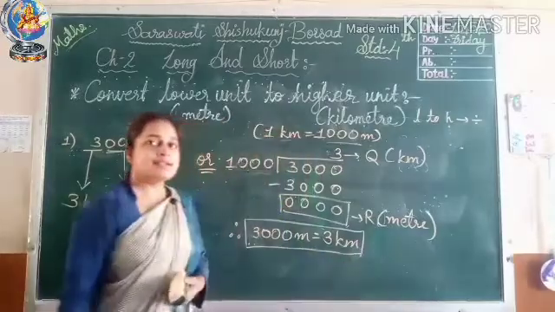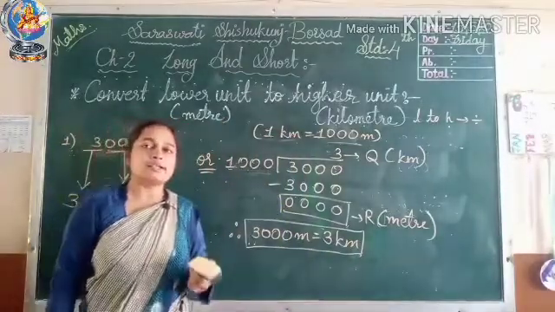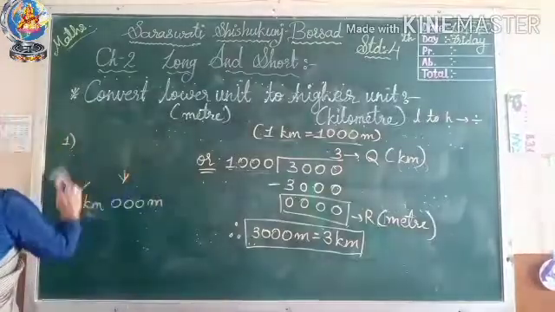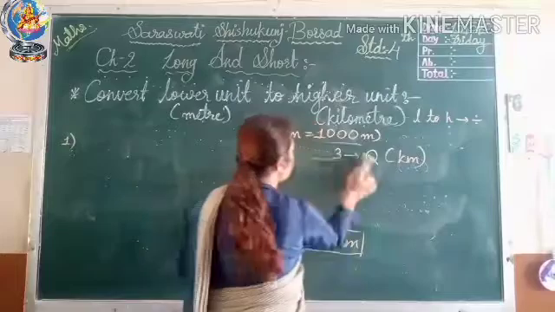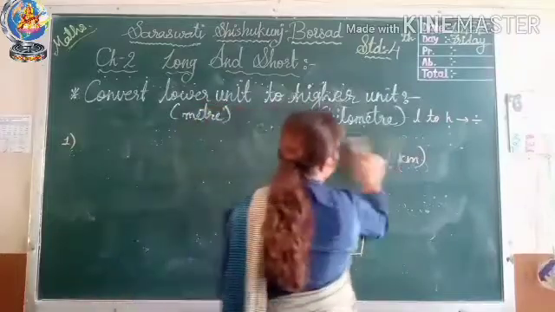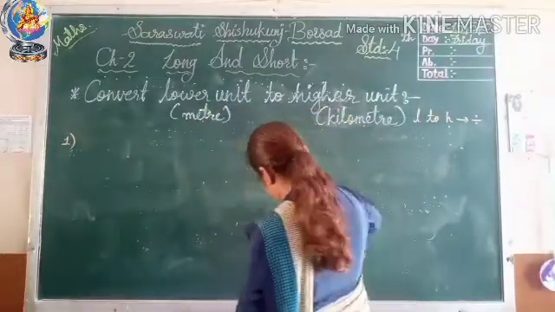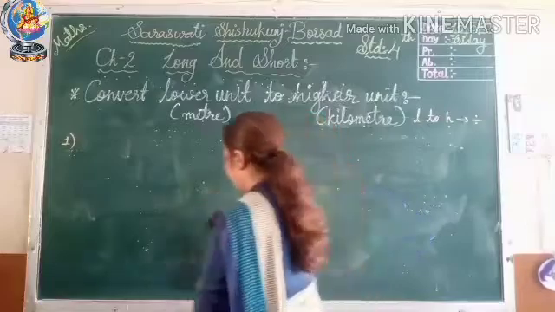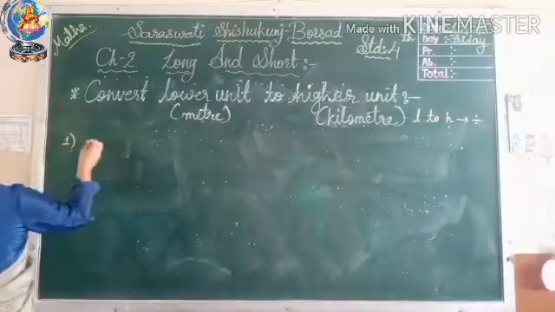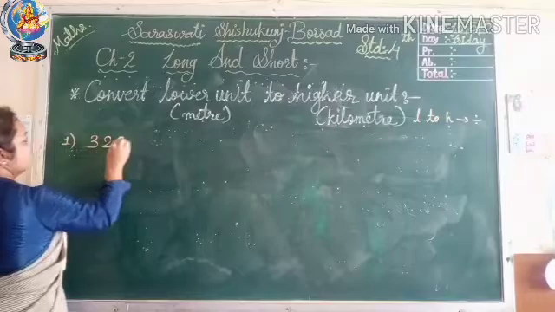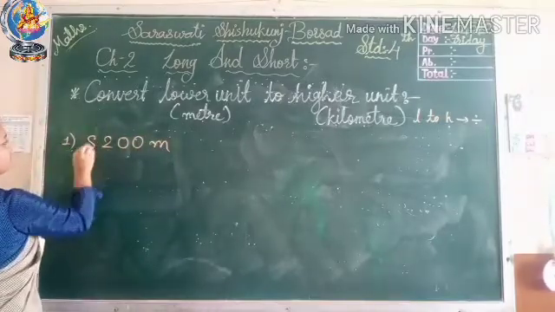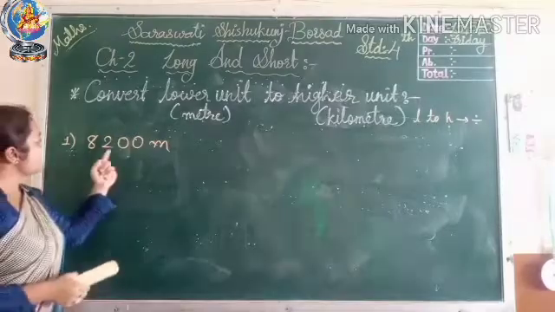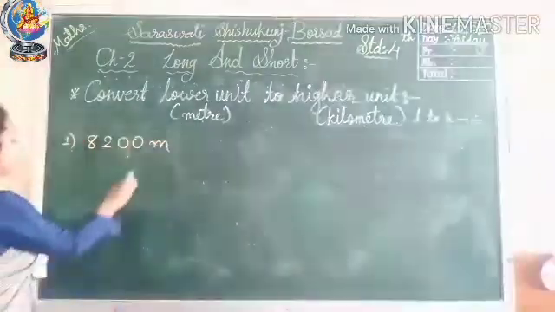This is your sum. Let's have a look at another sum. Now I am taking meter and kilometer and meter both together to convert it into higher unit. The question is 8200 meter.